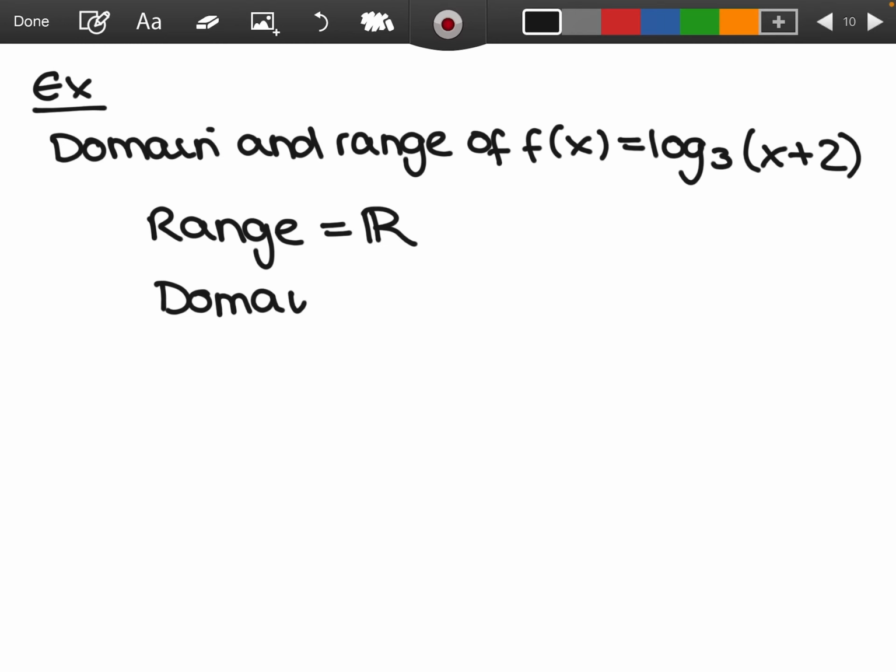My range, like I said, regardless of the function, regardless of what I've done to it, is still going to be all real numbers. My domain, what am I doing here? Well, I start out with log base 3 of x, and then I'm shifting that graph to the left by 2 units. Okay, so I start out with a domain of 0 to infinity, shifting that to the left by 2 units. My asymptote's going to shift to the left by 2 units, meaning that my domain is negative 2 to infinity. Okay.